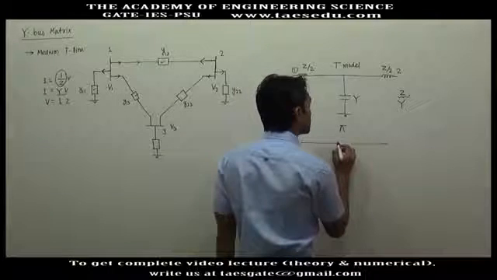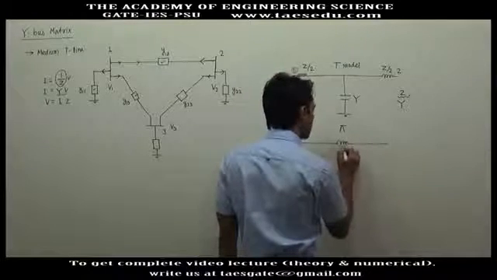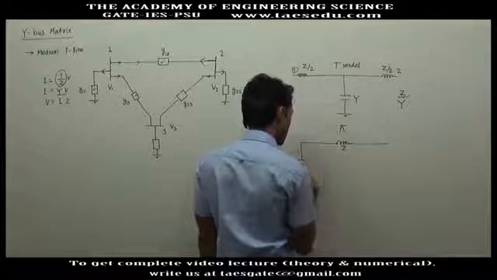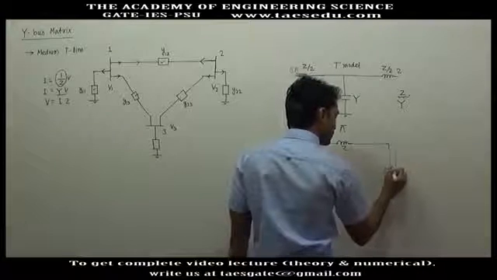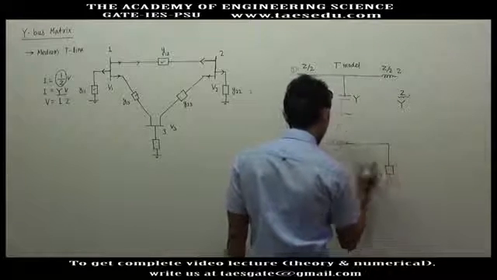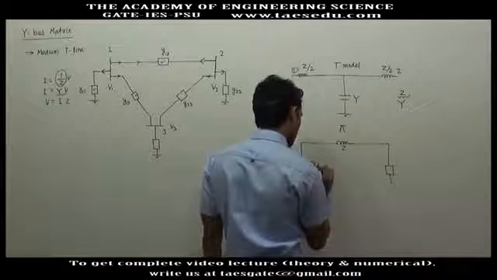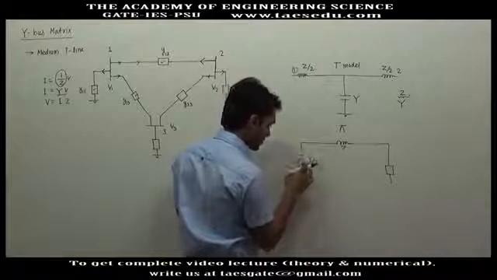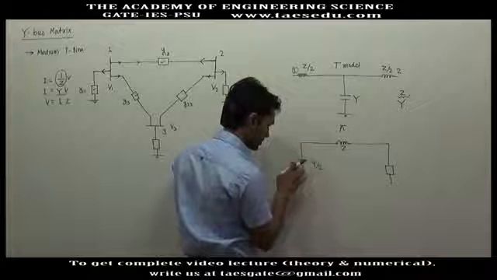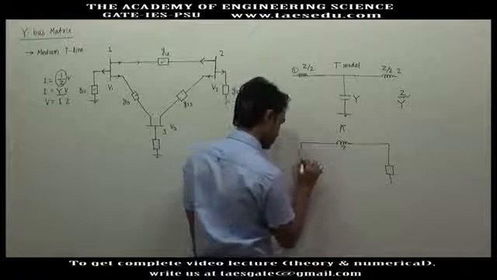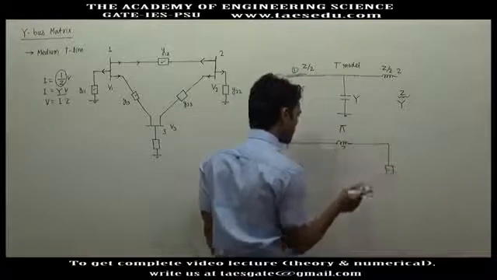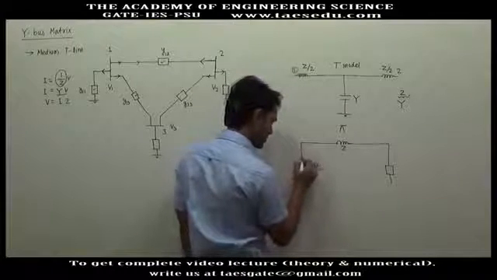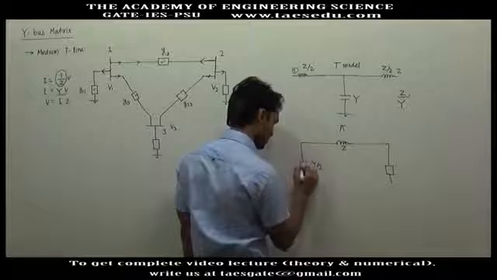The impedance Z is connected here, and the total admittance Y is divided into two parts, so this will be Y by 2. Let us not represent it with a capacitor, let us represent it with a box, or if we neglect the loss, we may represent it with a capacitor.